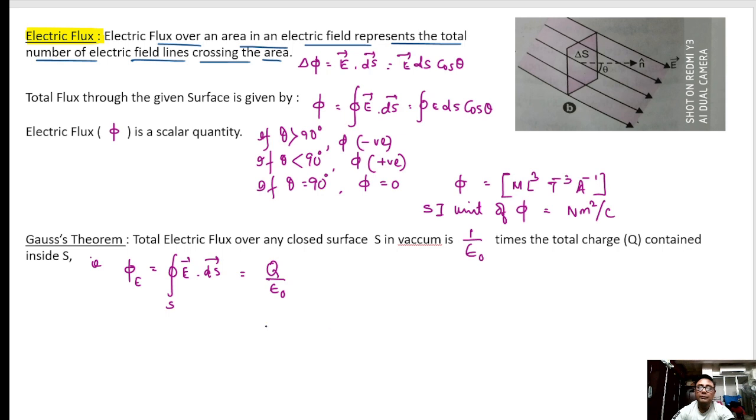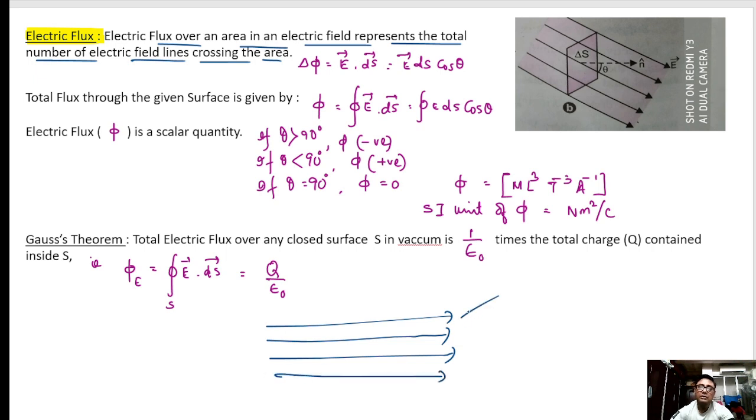For example, if this is the electric field of any charge, suppose I put here a surface of area 1 meter square. How many electric field lines will pass through this area? That is called the flux.